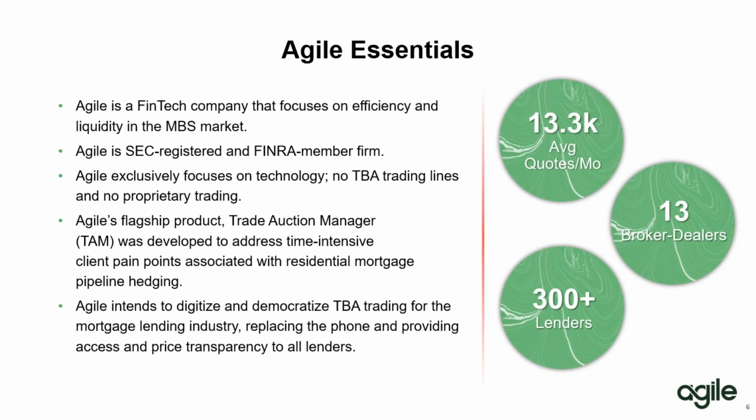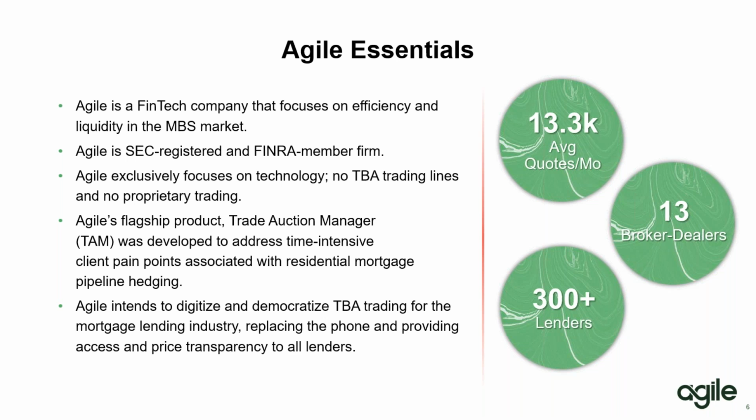Essentially, at a high level, the goal is to digitize the marketplace, move everybody off the phone, and democratize it. Right now, only the largest lenders are able to access platforms that facilitate digital or electronic TBA trading. TAM and Agile will make it available to all market participants, and we're seeing really great uptake already.